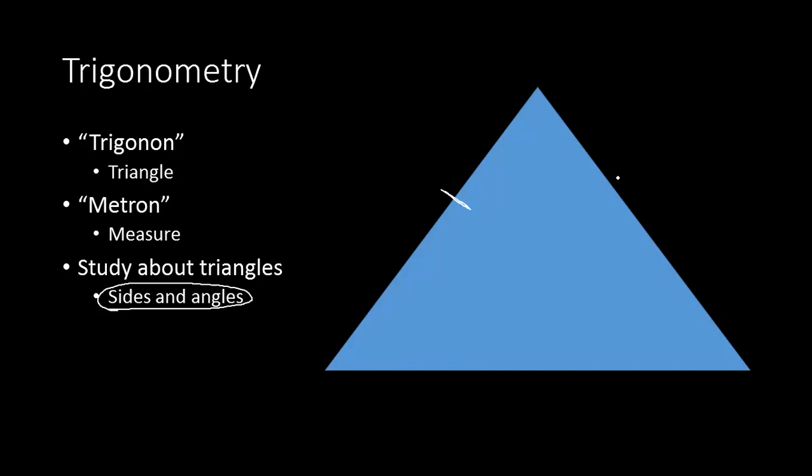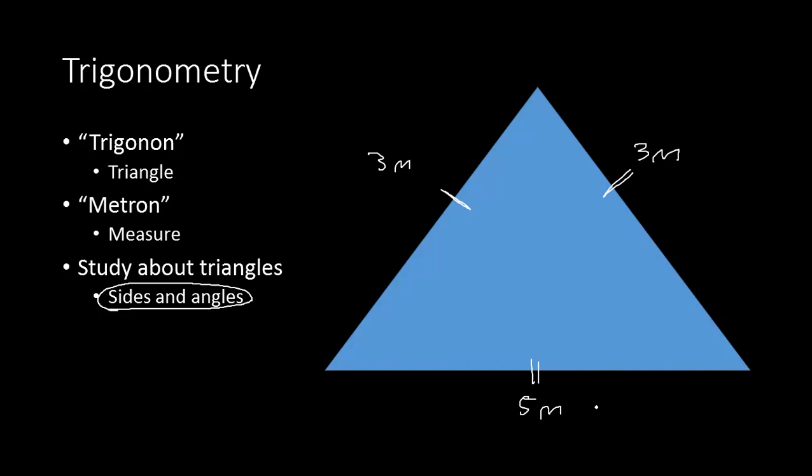Let's say the left side and the right side are the same. If this is 3 meters, then on the right we have 3 meters as well. Then the bottom part, or the base of the triangle, is different from these two same sides. Assuming this is 5 meters. So again, sides tell you how long they are.